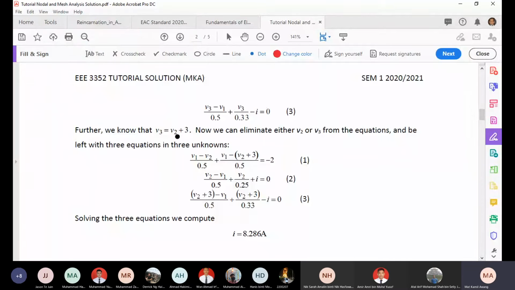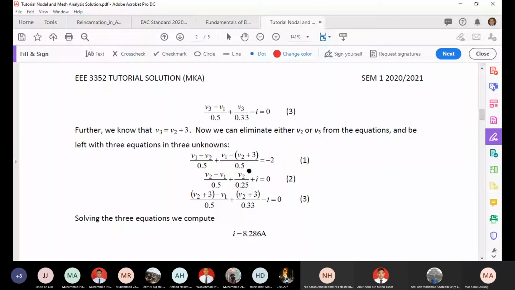We get V1 minus V2 divided by 0.5 plus V1 minus V2 plus 3 over 0.5 equal to minus 2, and V2 minus V1 over 0.5 plus V2 over 0.25 plus I equal to 0, and V2 plus 3 minus V1 over 0.5 plus V2 plus 3 divided by 0.33 minus I equal to 0.